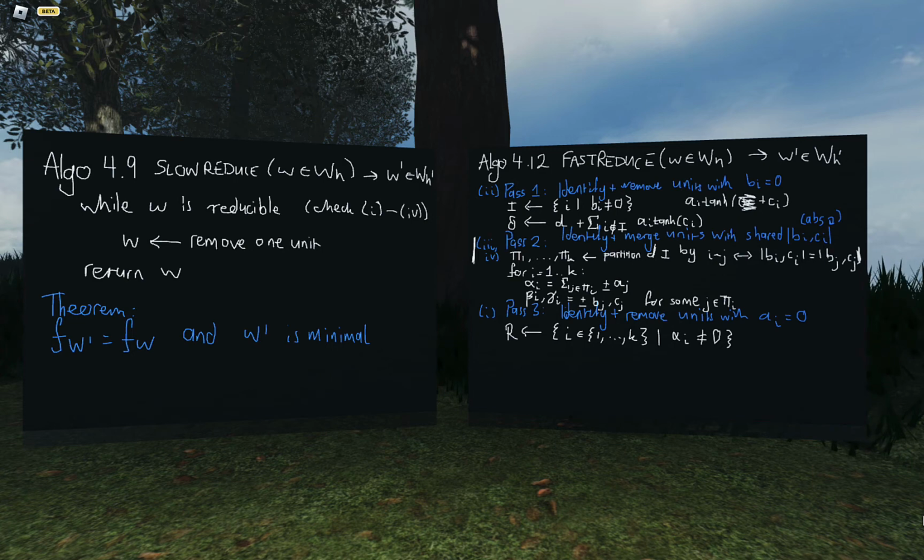So then I'm going to write the final value that we return. Importantly, it's the units that have the indices R, and then it's delta at the end.